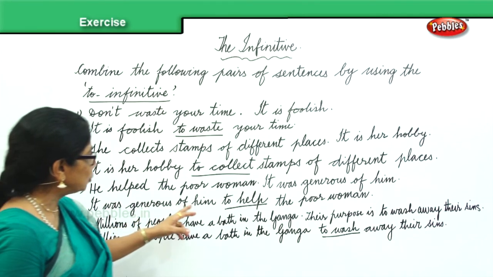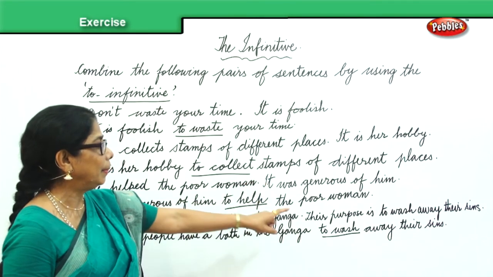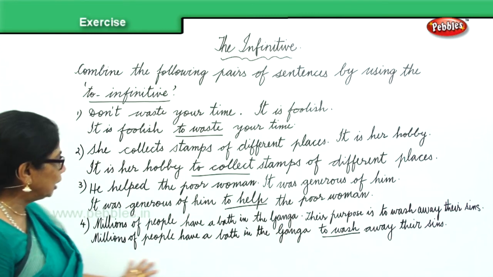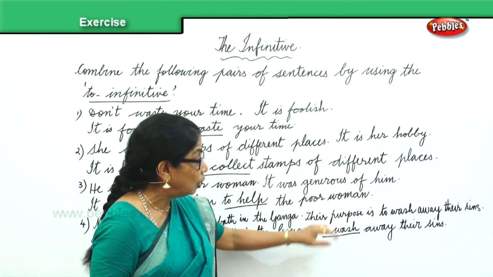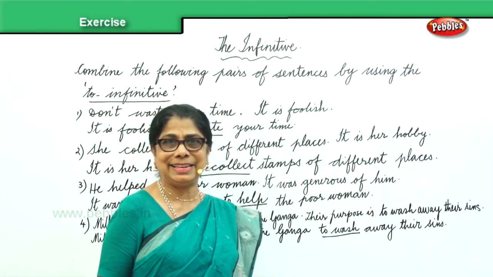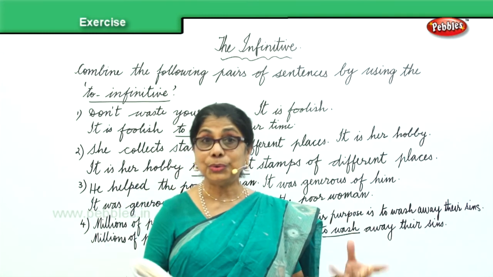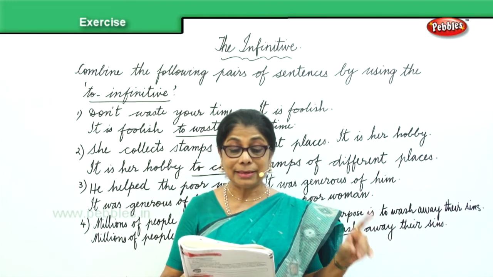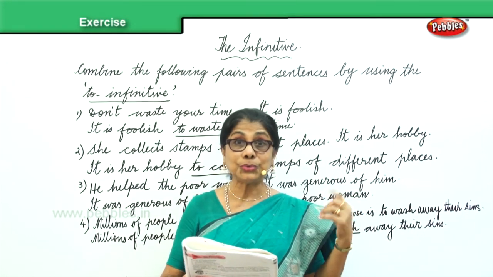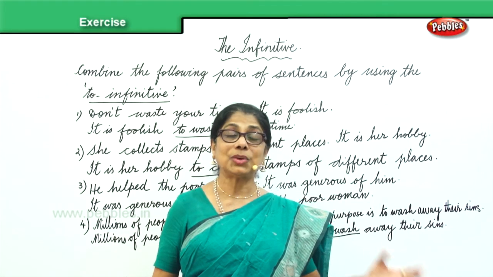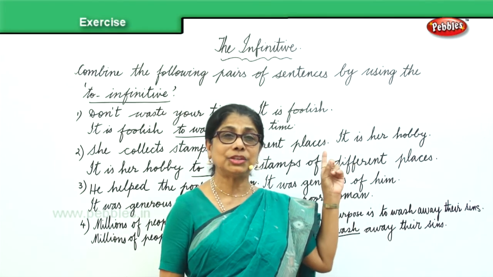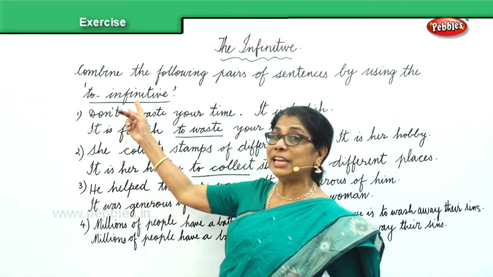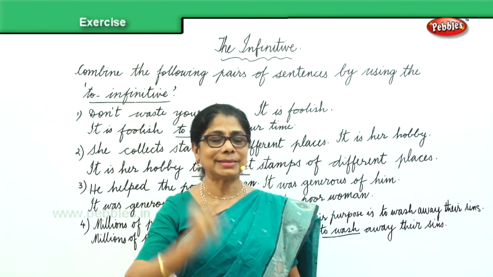It was generous of him to help the poor woman. Millions of people have a bath in Ganga to wash away their sins. It is our duty to respect the elders. She studies hard to stand first in class. So, combining two sentences using the to infinitive to make a single sentence.